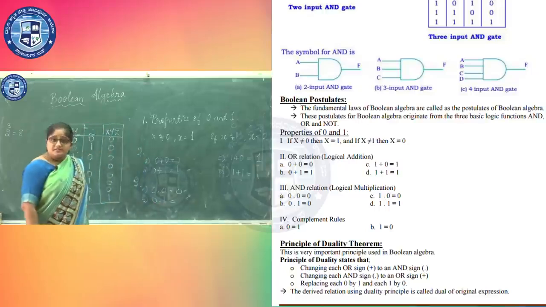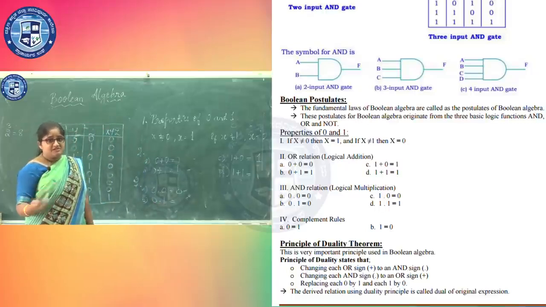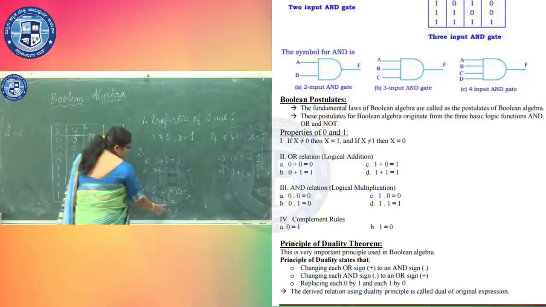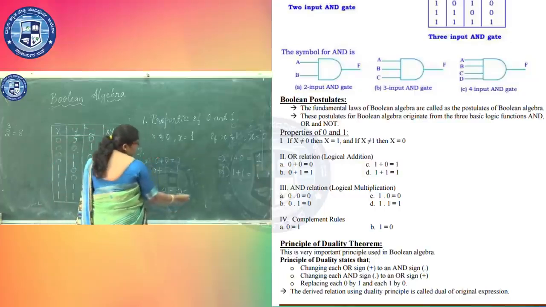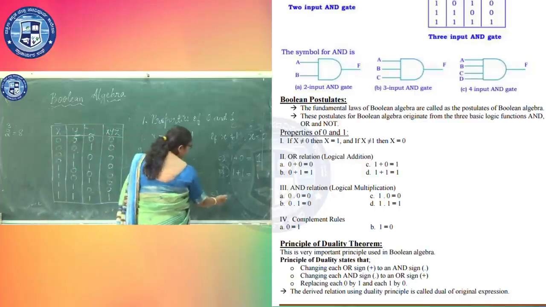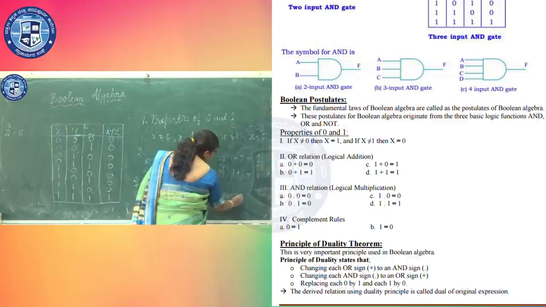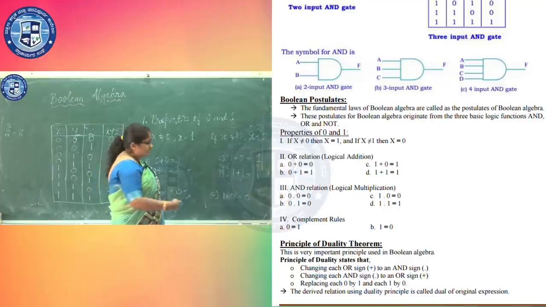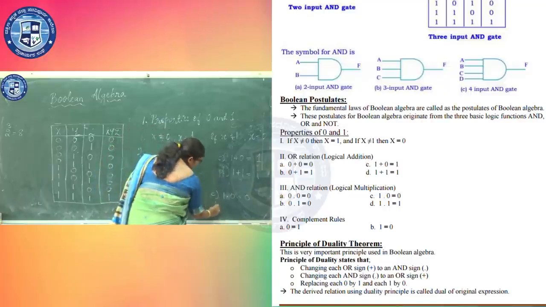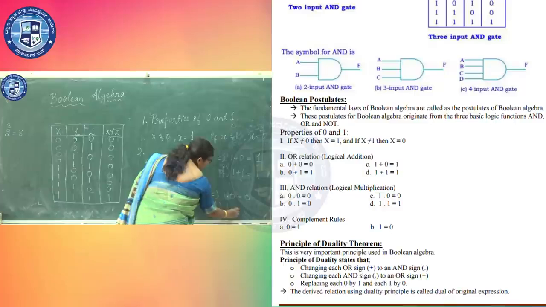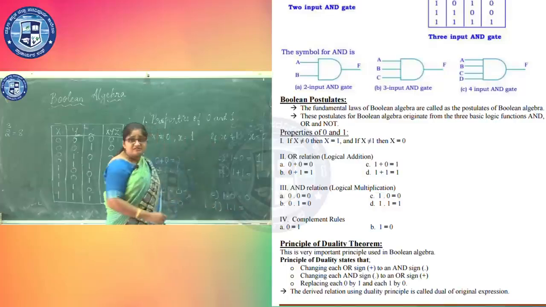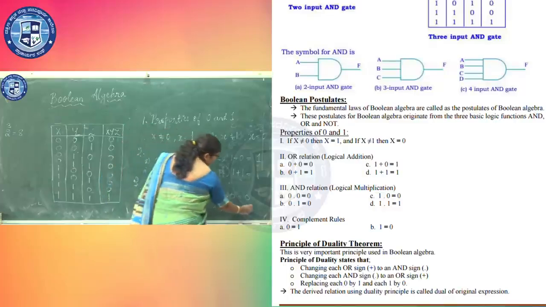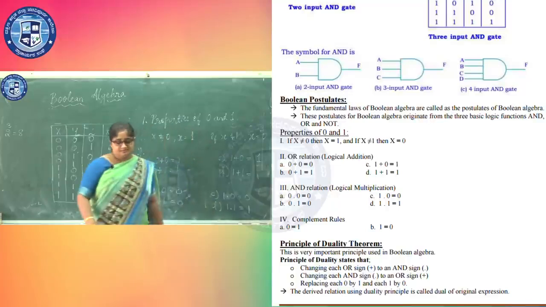As told previously, AND means you should have all the values true, only then the resultant will be true. 0 and 1, 0. 1 and 0, that is also 0 because there is only one value true. One more, 1 and 1, we have both the values true, and that is why it will result in 1.